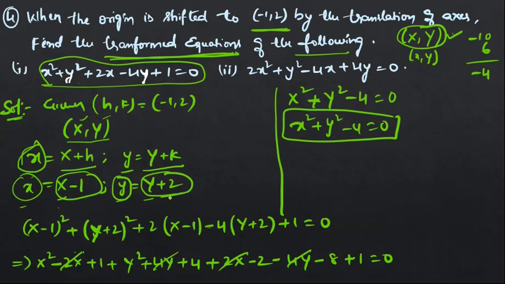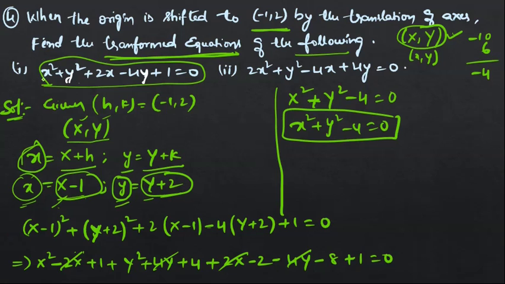Why? Because ultimately I need to get the transformed equation, right? Transformed equation means what? Equation in capital X and capital Y, right? So therefore in place of small x I'll substitute capital X minus 1, in place of small y I'll substitute capital Y plus 2.